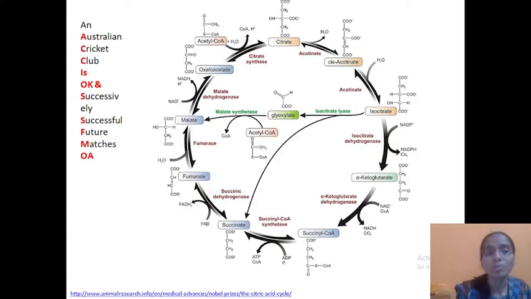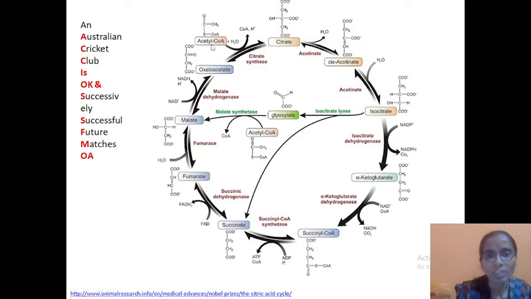You just have to remember this trick: "Australian Cricket Club is OK and successively successful future matches OA." A for Australian is acetyl-CoA, C for cricket is citrate, this C is for cis-aconitate, this E is for isocitrate, this OK means alpha, K for ketoglutarate, so alpha ketoglutarate, S for succinyl-CoA, this second S for succinate, then F for fumarate, M for malate, and OA, that is oxaloacetate.